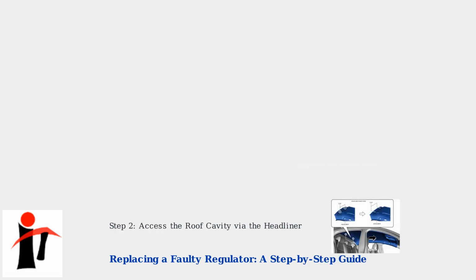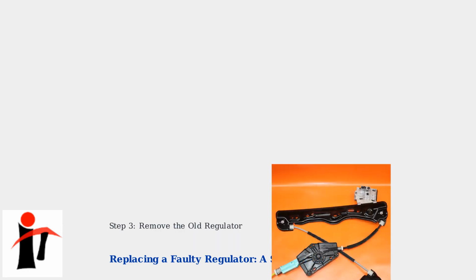Remove the headliner to access the roof cavity where the regulator is located. Carefully detach the headliner clips and set it aside without damaging the fabric. Disconnect the cables from the old regulator. Support the glass panel carefully to prevent it from falling or cracking. Remove the mounting bolts and gently lift out the faulty regulator.